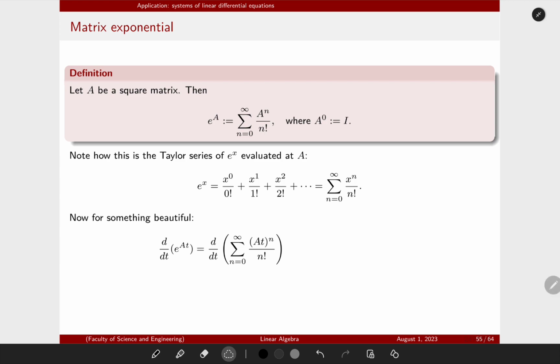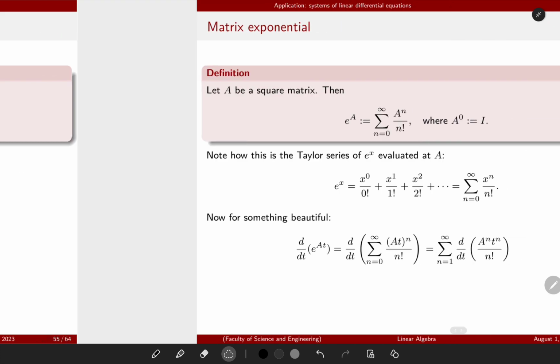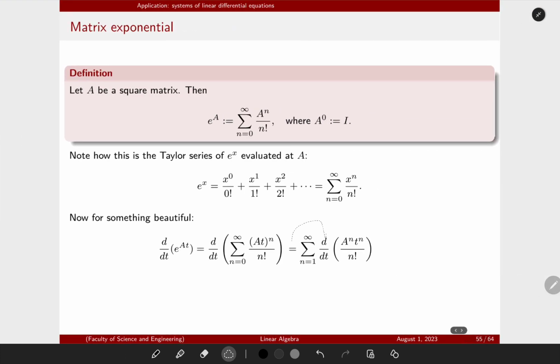So first we write out what it is according to the definition. We plug At into here. We set this derivative outside. Now, as I mentioned before, this sum converges uniformly, so we can take the derivative inside, and we expand out these brackets, and we put the powers on A and on t.